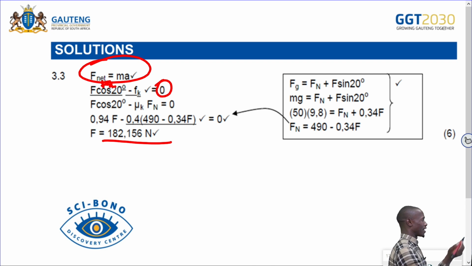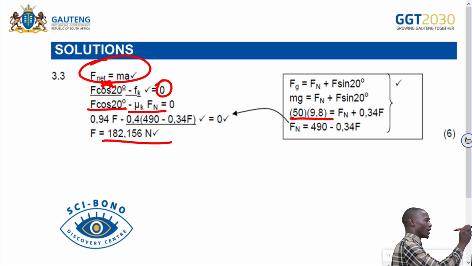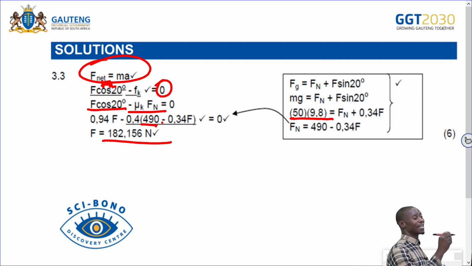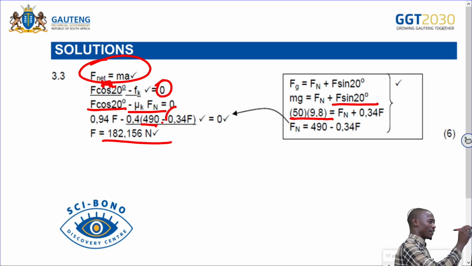So in this case, it's Fx minus Fk, which is F cos 20 degrees minus mu k N. And your N, remember, is mg, so m is 50 times 9.8, which is 490, minus your Fy, which is F sine theta, which is F sine 20. And then F sine 20 gave us this, right?